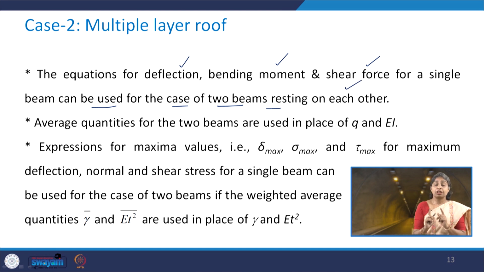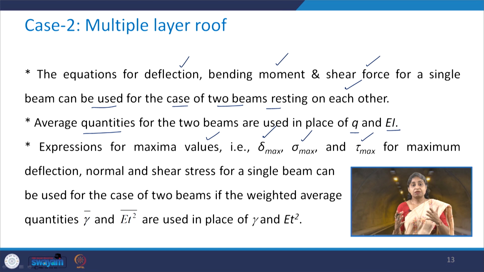See, there is no separation between the two beams. What you need to do is that you have to consider the average quantities of the two beams in place of Q and EI. Then the expression for maxima values, which is delta maximum, sigma maximum and tau maximum for the maximum deflection, normal and the shear stress for a single beam.